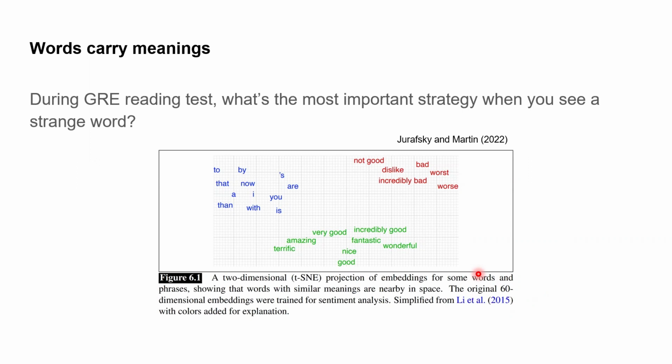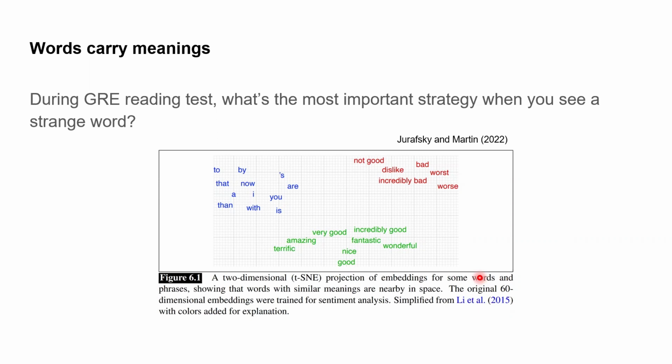Another example is the GRE test. Those GRE tests probably will be waived. During the GRE test, what's the most important strategy when you see a strange word, like in a reading test? Skip it? Okay, everything is tight on time, right? Pragmatic. Look at the other words.